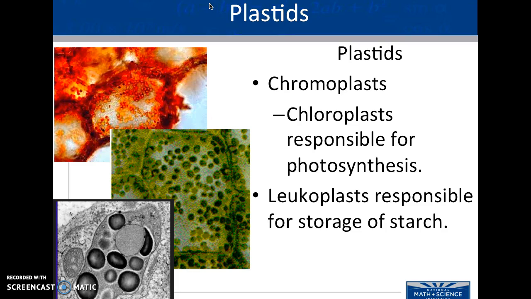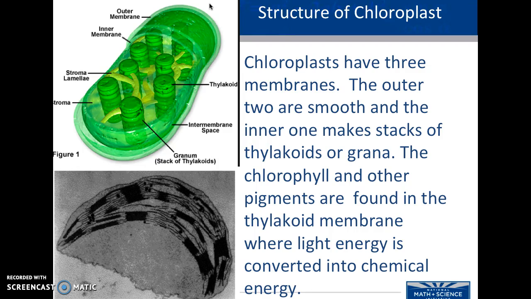Chloroplasts are going to be storing the energy that is used for photosynthesis. So plastids are basically a group of organelles that strictly do storage. So again, plastids are going to be storage organelles. Specifically, chromoplasts are in plant cells. Leucoplasts are going to be mostly in animal cells.